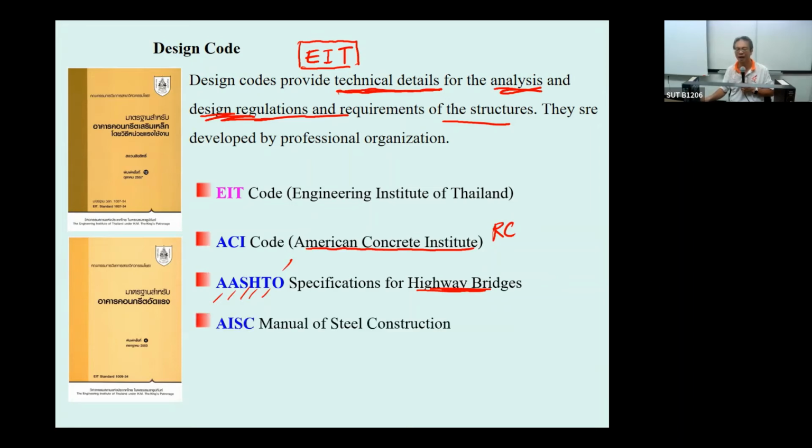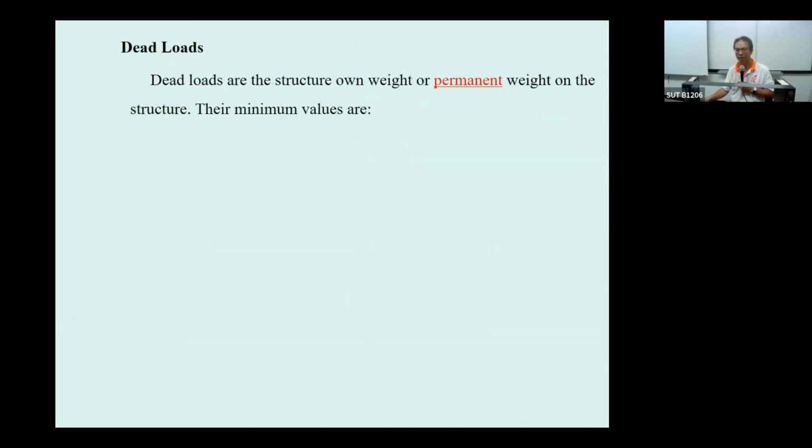That is for the highway. Or if you work with steel, you have to follow the American Institute of Steel Construction. This is a design code. Even though it's not legal, it's modern, and it provides a safer design compared to the building code. And you have to strictly follow it.